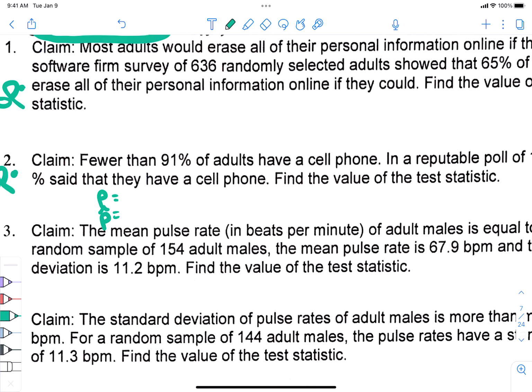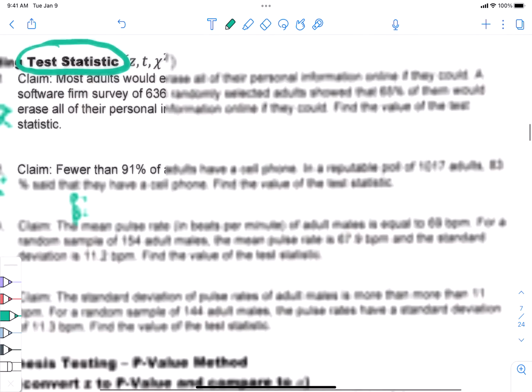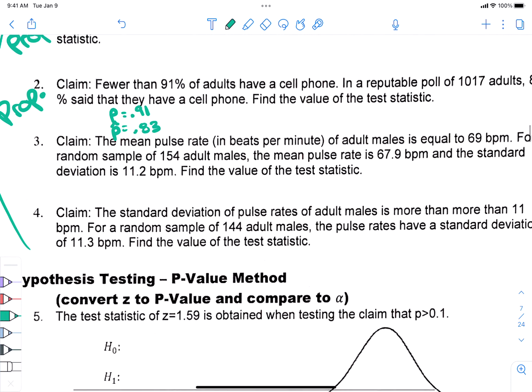So on number 2, where does the 91% go and where does the 83% go? 91 is population, so 0.91 is P. And according to my sample of 1,000 people, 0.83 is P hat. So that can get you a little bit of a start, just distinguishing between the two.